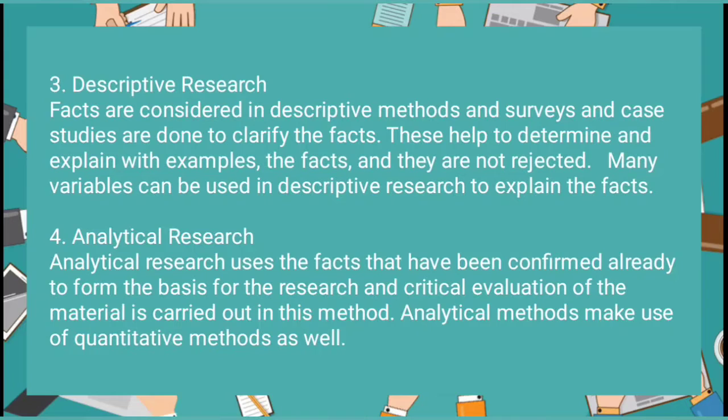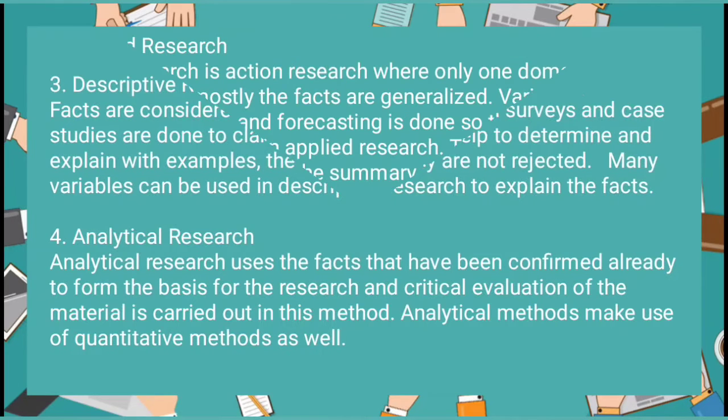The fourth type of research methodology is the analytical research. Analytical research basically uses the facts that have been confirmed already to form the basis of the research, and critical evaluation of the material is carried out in this method. Analytical methods make use of quantitative methods as well. So we can say that analytical research is a type of combination research methodology.